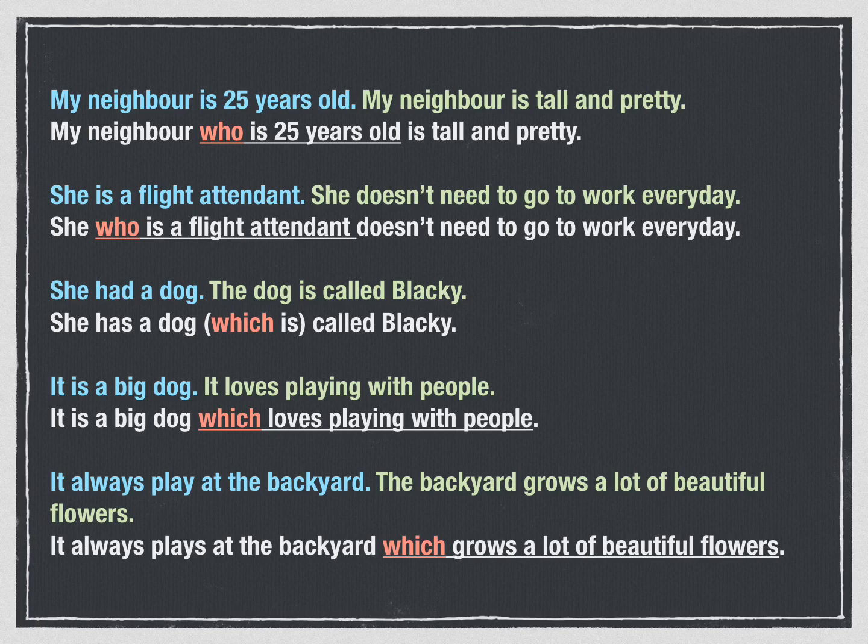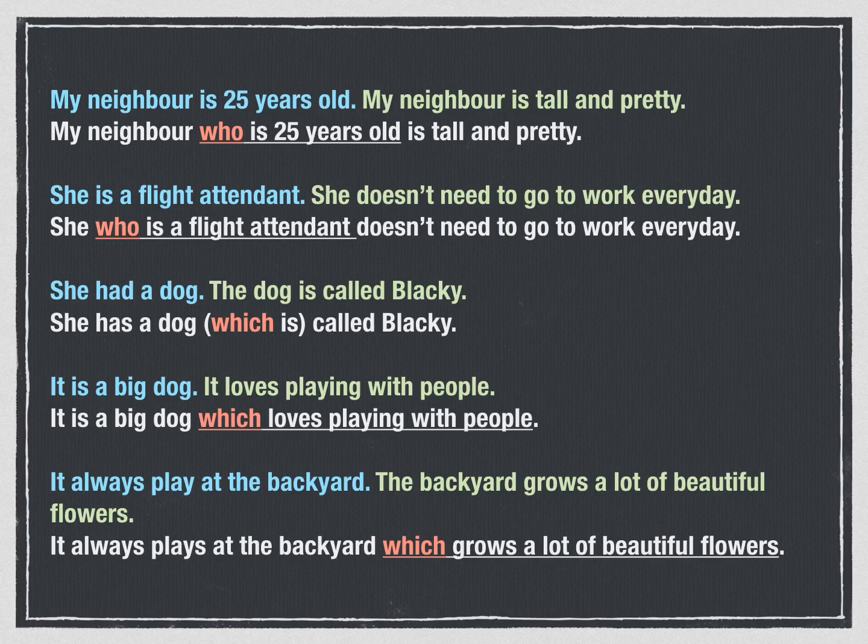My neighbor is tall and pretty. So with the WH word, we are combining two sentences together to make one sentence. From 'My neighbor is 25 years old, full stop. My neighbor is tall and pretty, full stop' to another sentence: my neighbor who is 25 years old is tall and pretty.